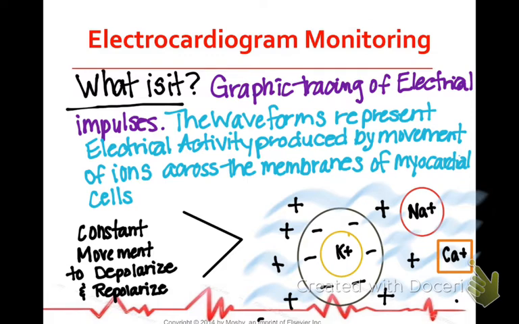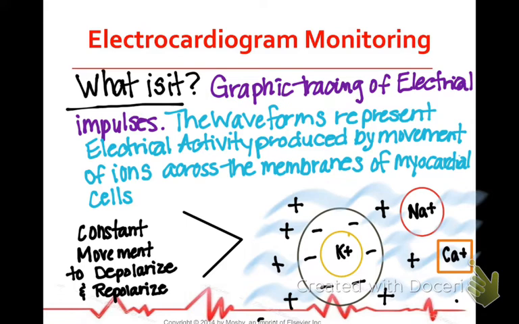And this should be a review for probably anatomy, way back. But this is a good to know, and important to know so that you can understand depolarization and repolarization, right?